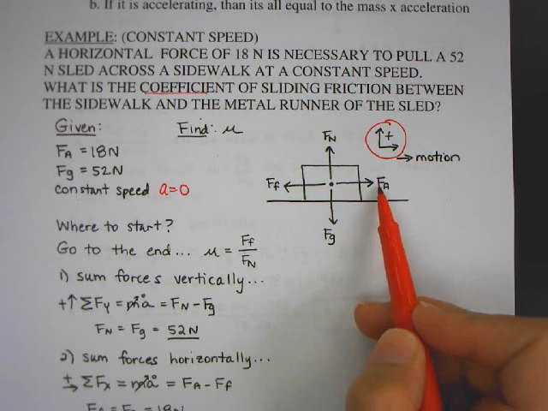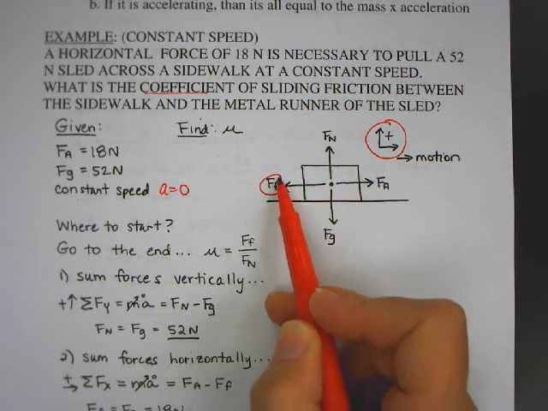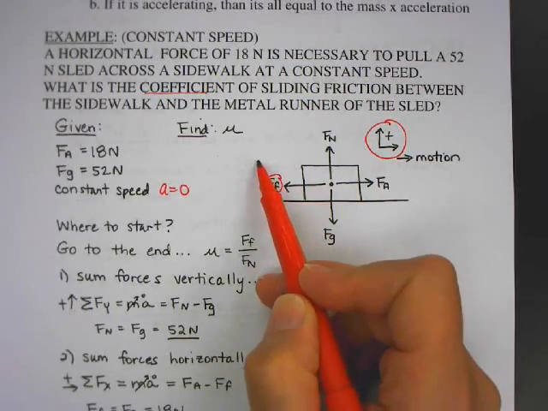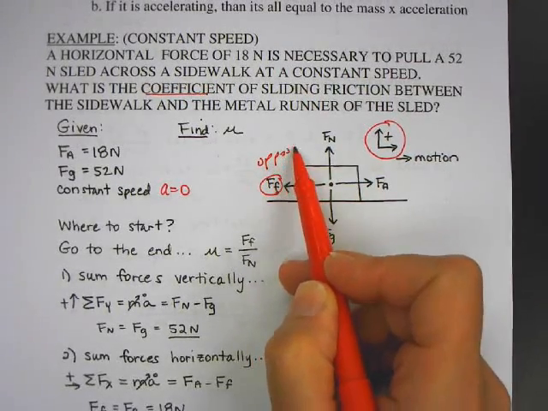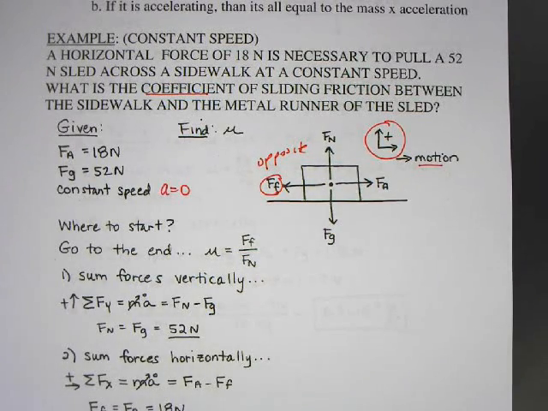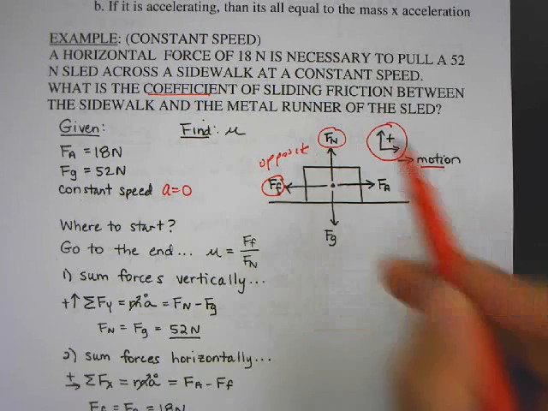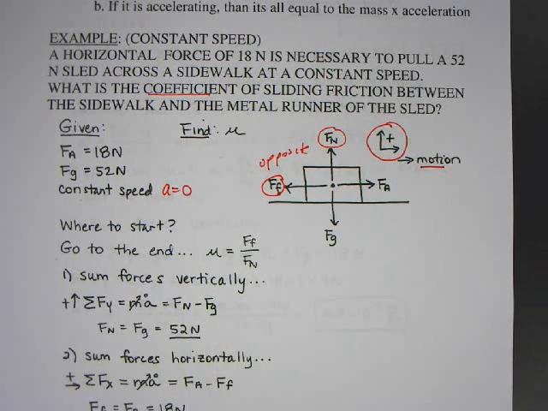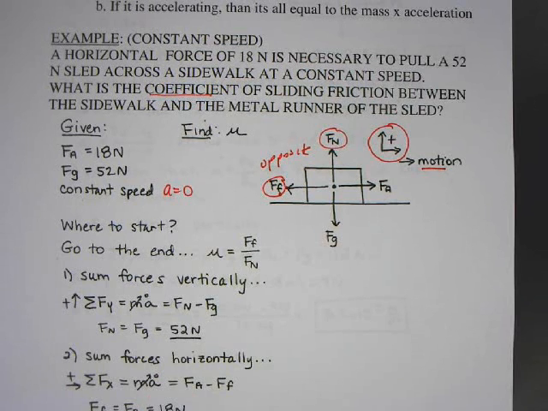So my applied force is going to the right. My frictional force always goes opposite the direction of motion. My force of weight always acts down, and then my normal force acts perpendicular to the surfaces in contact. Now, for tonight's homework, all the pictures are going to look like this, but guess what? You're going to draw it on every single problem.